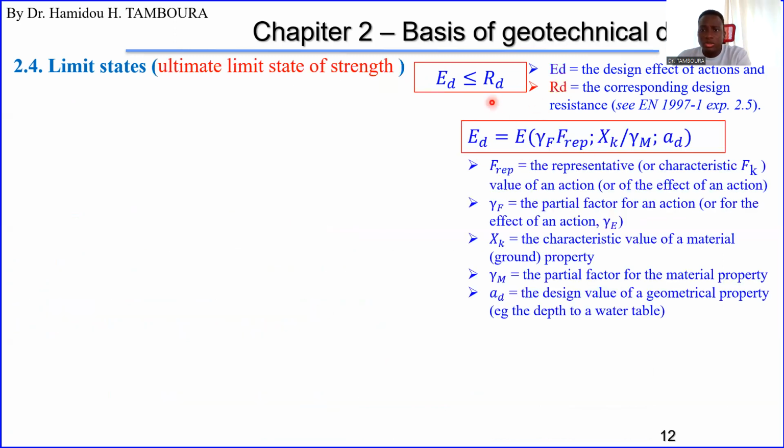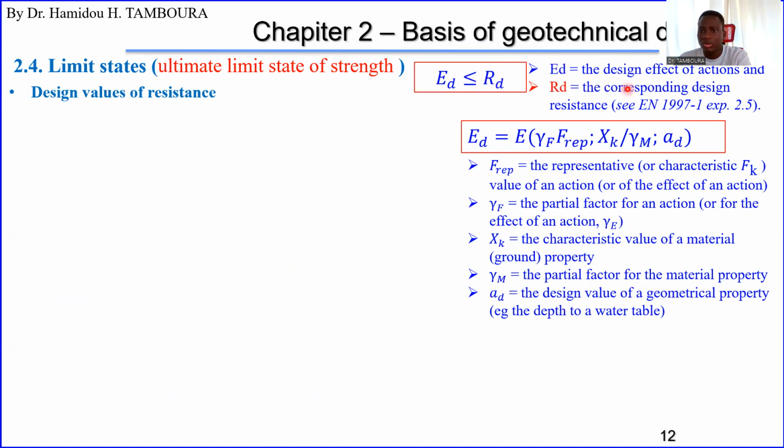Okay, I will just put all this here because we will use it again. This is from the previous slide. Now, let's look deeply at this one, the resistance one. Design value of resistance.